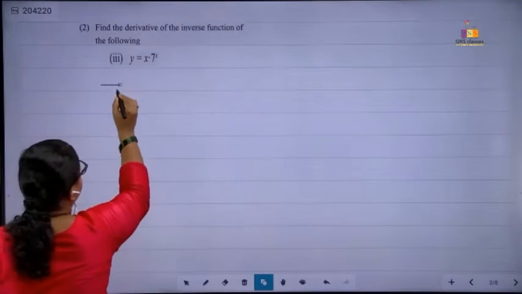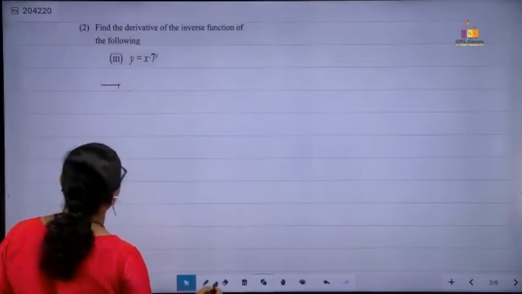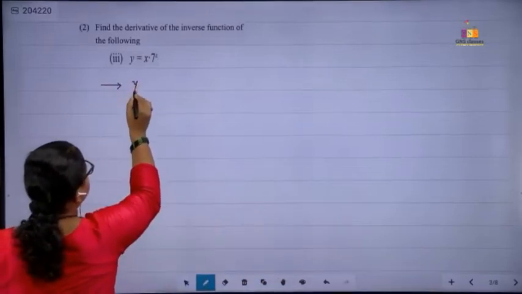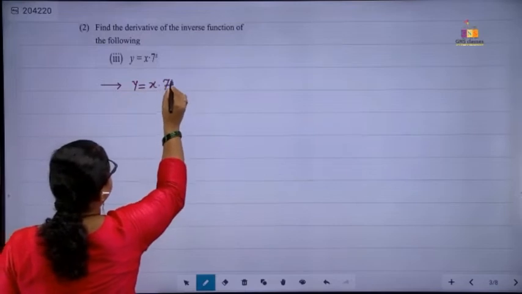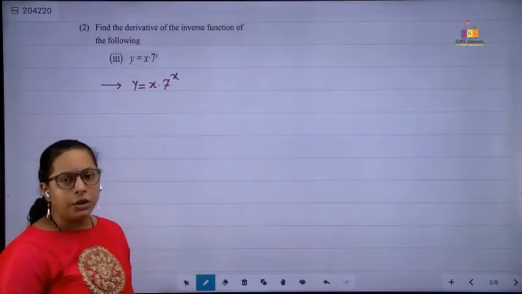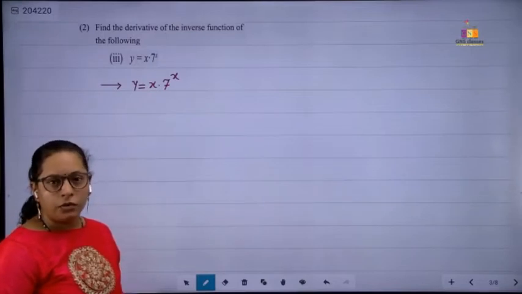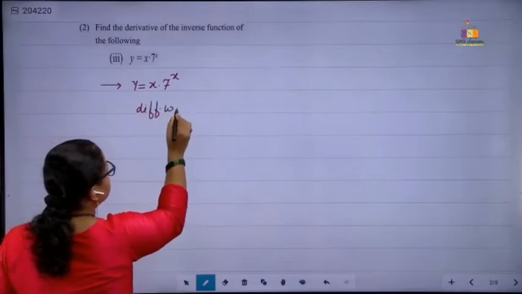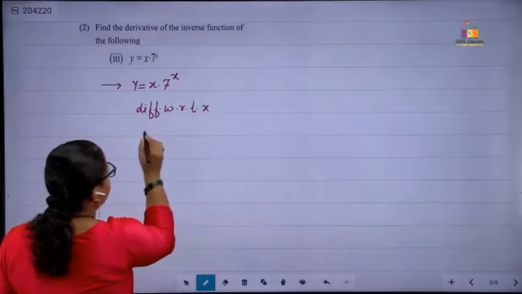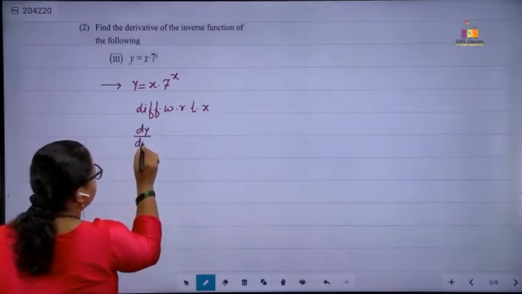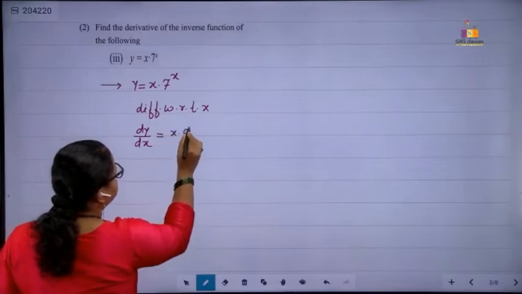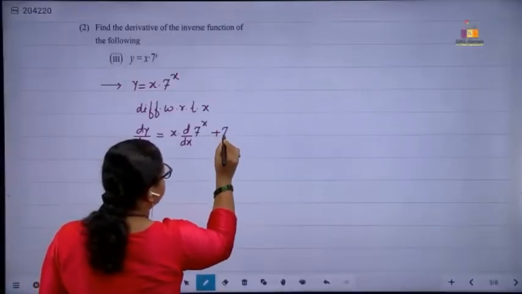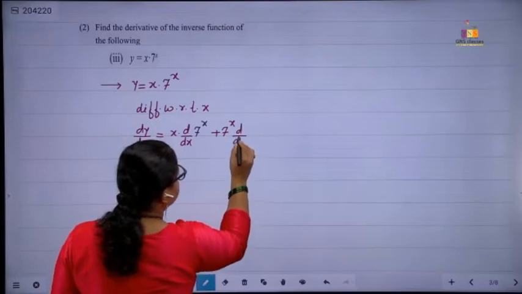Differentiate y is equal to x into 7 raised to x. This is of the form u into v. That means we have to use product rule of the derivative, differentiating with respect to x. dy by dx is equal to x into derivative of 7 raised to x, plus 7 raised to x into derivative of x.